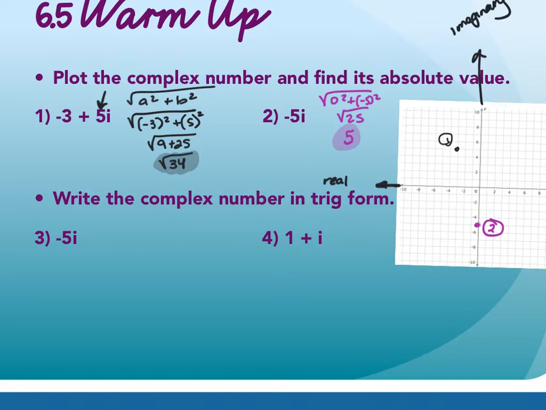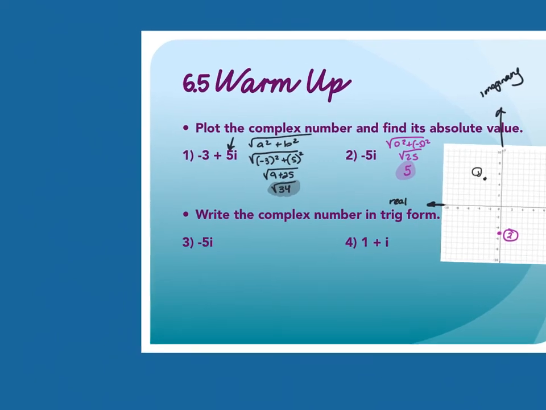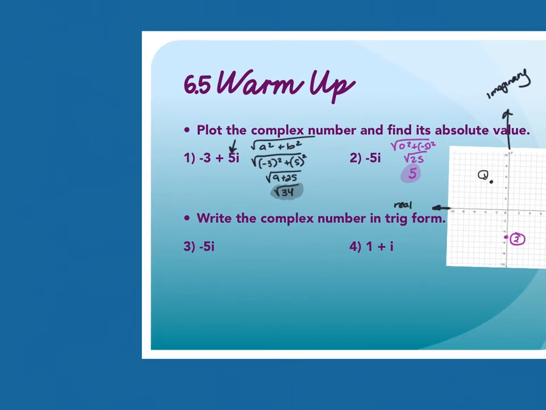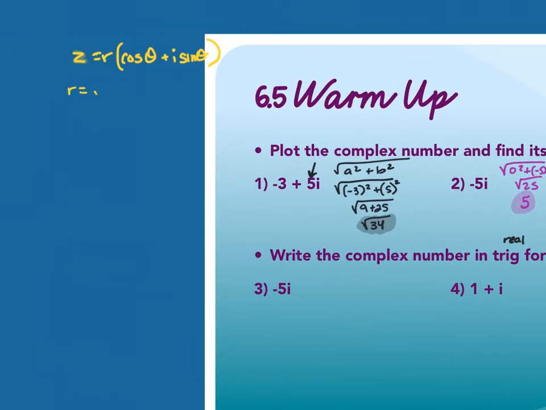All right, then it said write the complex number in trig form. So for this, we need 2 parts, okay? The trig form, or z, would equal r times the cosine of theta plus i times the sine of theta. And we need to find r by doing the square root of a squared plus b squared, just like it's a radius, just like it's a triangle, all those things overlap.